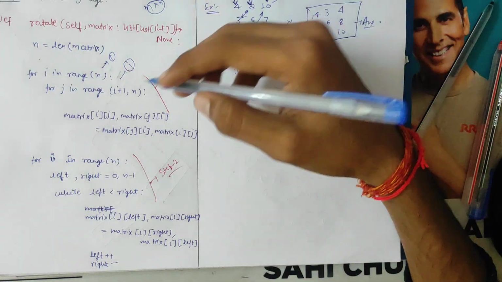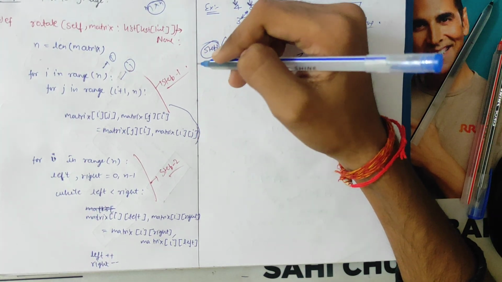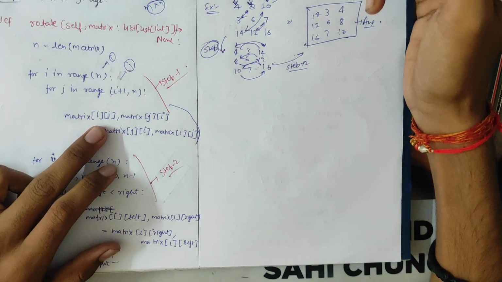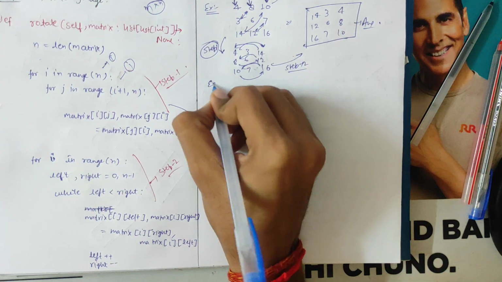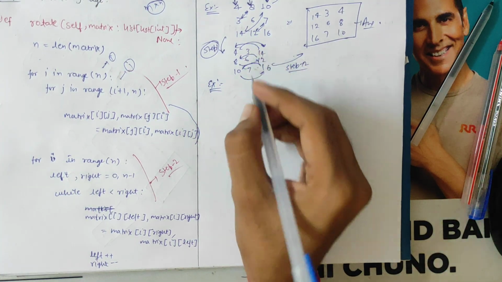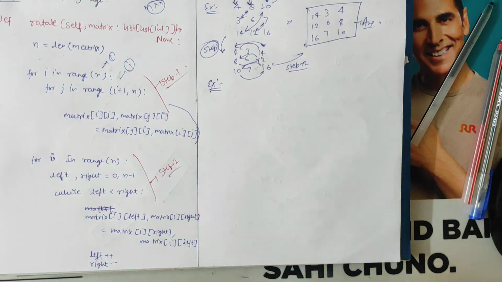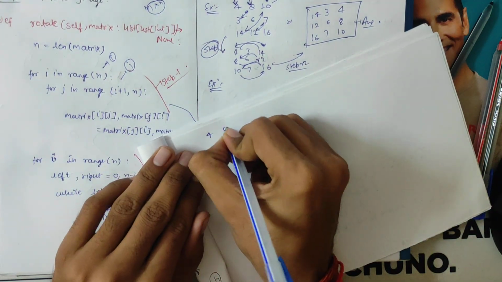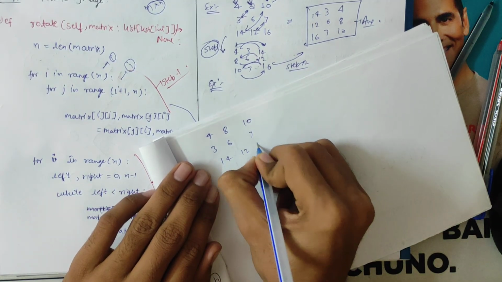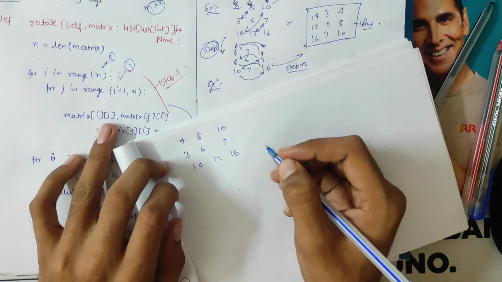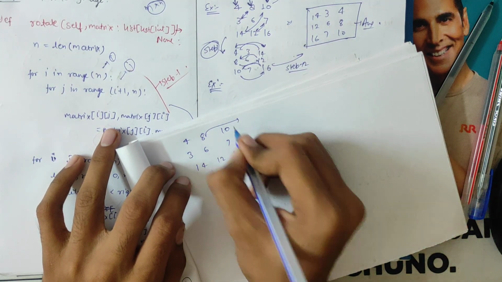So here is the swap function in Python, where matrix[I][J] is swapped with matrix[J][I]. Let's iterate over 4, 8, 10, 3, 6, 7, 14, 12, 16.